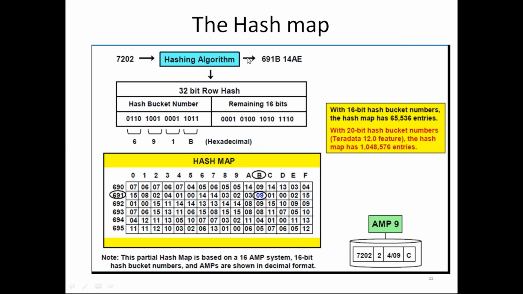So these are the internals of the primary index mechanism, where the hash algorithm generates the 32-bit row hash value. Out of the 32-bit row hash, the first order 16 bits are called the hash bucket number, and this hash bucket number is used to look up the hash map table, which is a static table configured at the time of Teradata configuration itself.